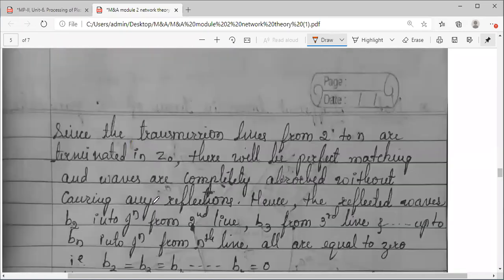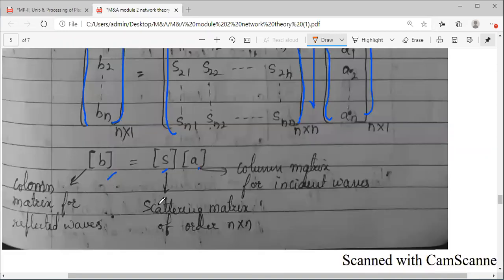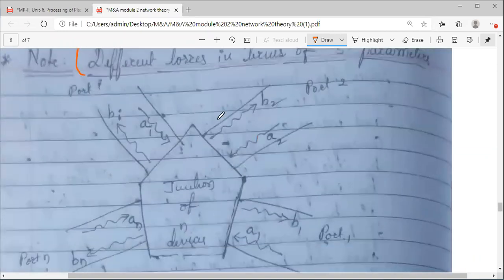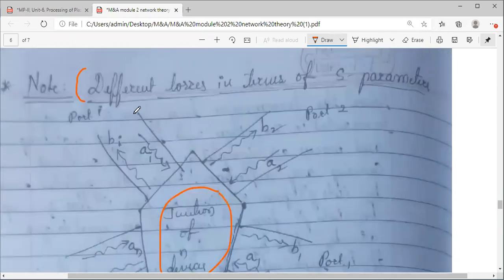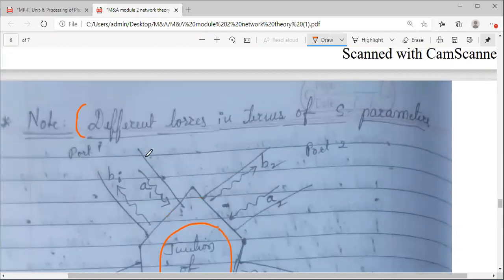This is a junction where the ith port, first line, second line, third line, n number of lines are joined together. So the same thing I have shown you here in a different manner. You can even draw the same figure, no problem. So this is a junction. In that you can see there is the ith port in general.